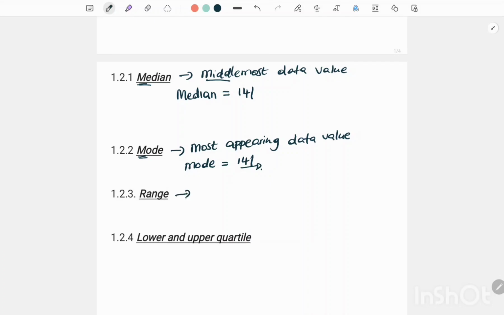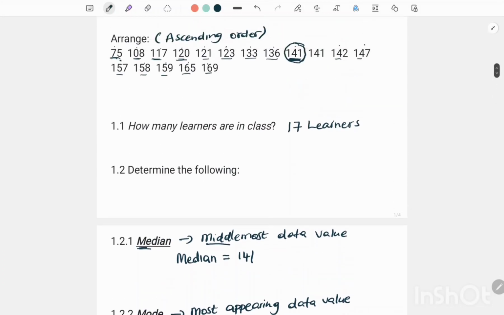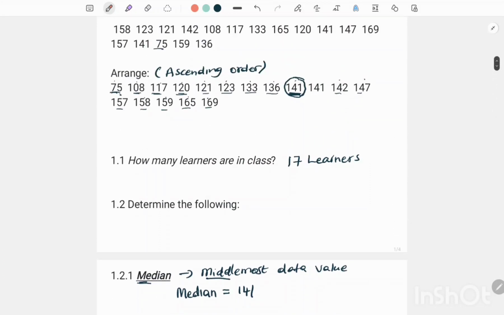Then we have the range as the difference between the maximum data value and the minimum data value. So you can say range is the highest data value minus the lowest data value. Your highest is 169. Here is your highest data value.